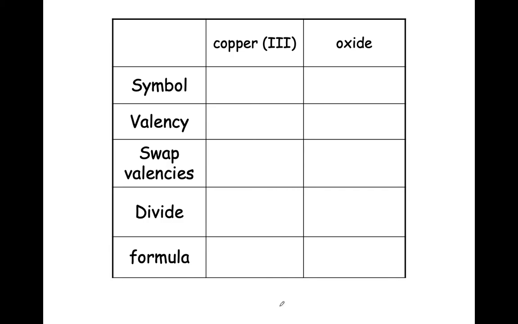Last example that I'm going to do today is copper(III) oxide. So copper, as we've seen before, has the symbol Cu and oxygen is O. The valency from the Roman numeral is 3 for copper, and being in group 6, the valency of oxygen is 2.